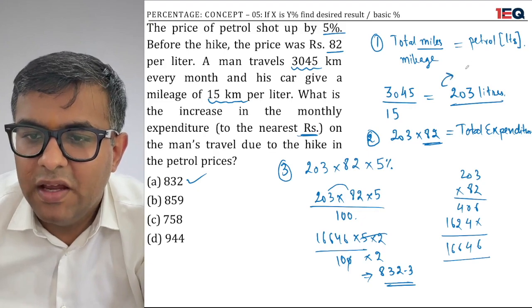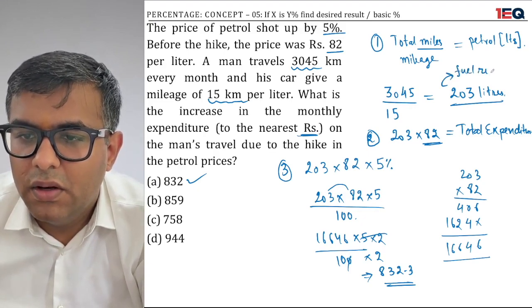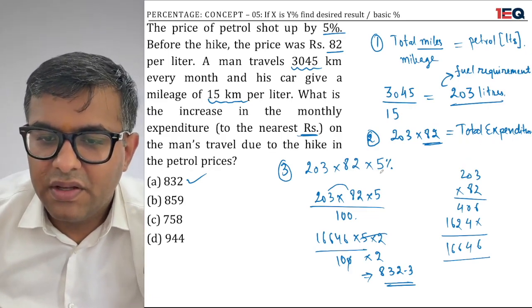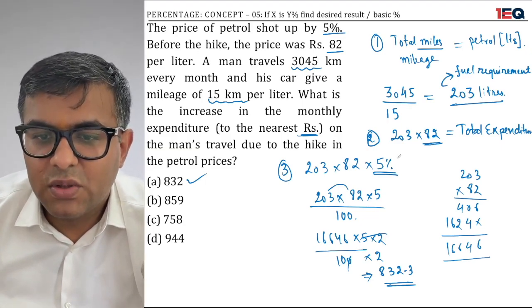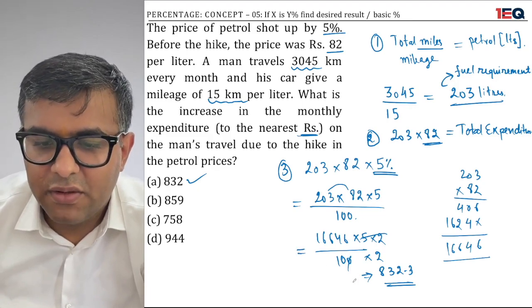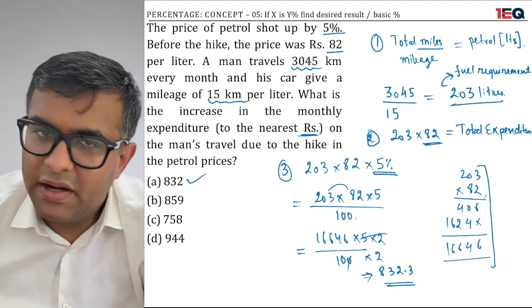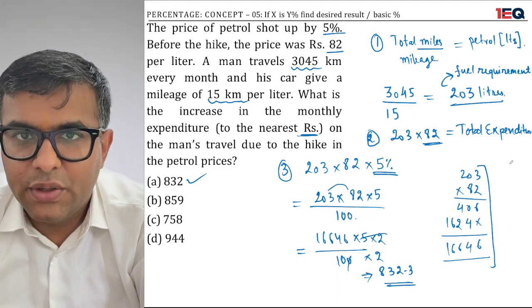Here, this is my fuel requirement. This is the total expenditure. Now there is a 5% increase here. Okay, so I've used the factor of 5% over here, and this is where I have done the calculations. And the only long calculation that you do is this one, and it is okay. You would get sufficient time to solve this long calculation.